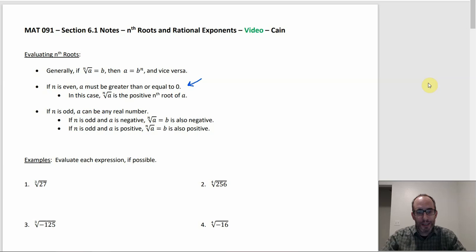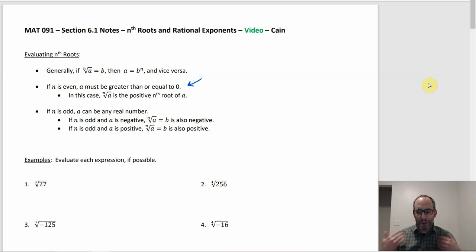So if n is even, then the number under the radical, which is called the radicand, needs to be non-negative. So it needs to be positive or 0. And that's because, at least for now, since we're not up to complex numbers yet, that's not till the end of this chapter, we're going to consider the even root of a negative number to be undefined.